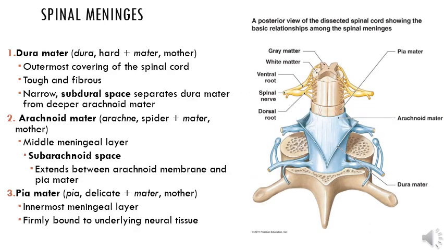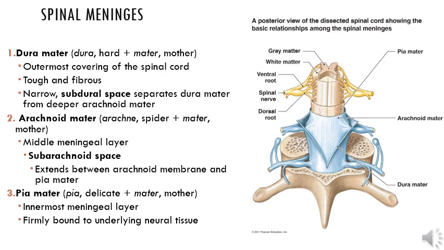So the meninges are not just limited to the brain. Most times we think about that because we've heard of meningitis, which is an inflammation of the lining of the brain, and we generally associate that with the brain. But the fact of the matter is these meninges are found all throughout the central nervous system, and so therefore we can take a look at the spinal meninges.